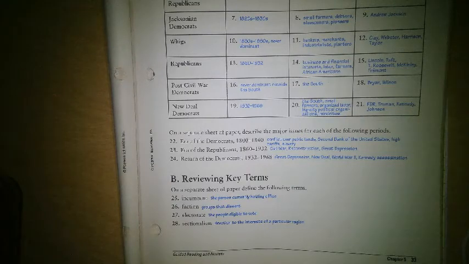So, who supported the New Deal Democrats? In number 20, write down the South. Farmers, minorities, and big city organizations. So they literally had it all. Small farmers, minorities, and big city organizations.